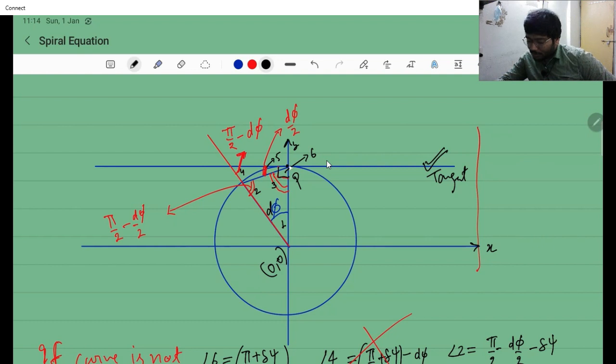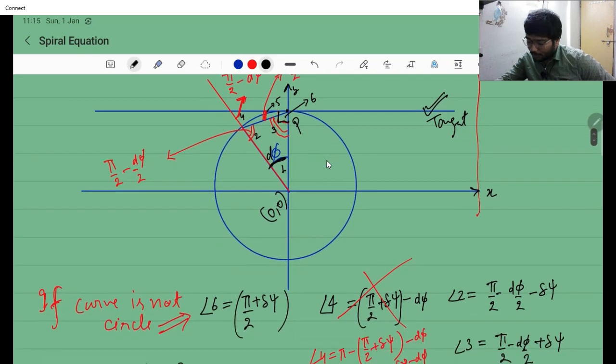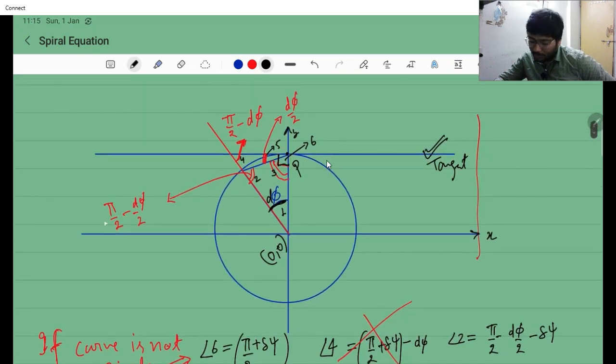If this angle is d phi and this is 90, using the trigonometric formulas and the constraint that the sum of the interior angles of a triangle is 180, with that help we have derived all the angles and written them down in red color here.